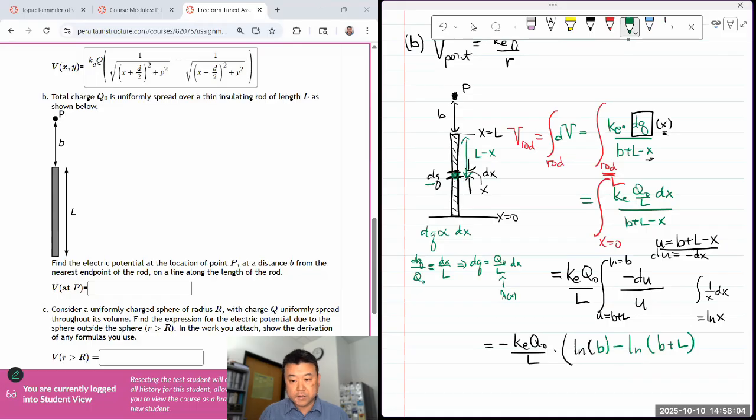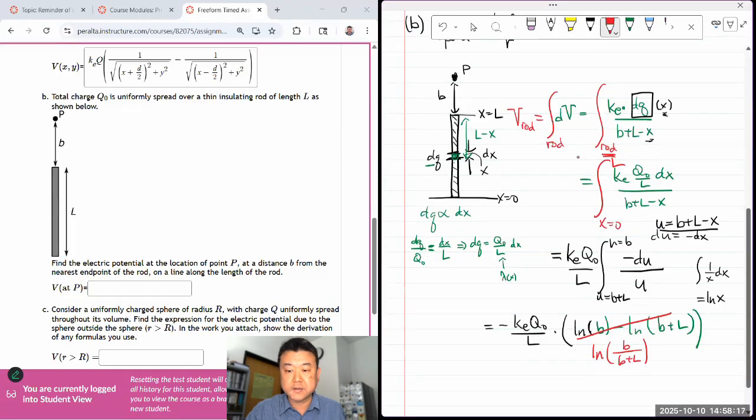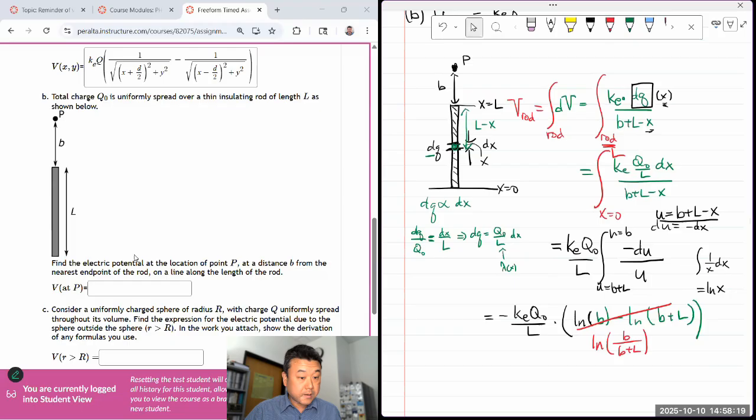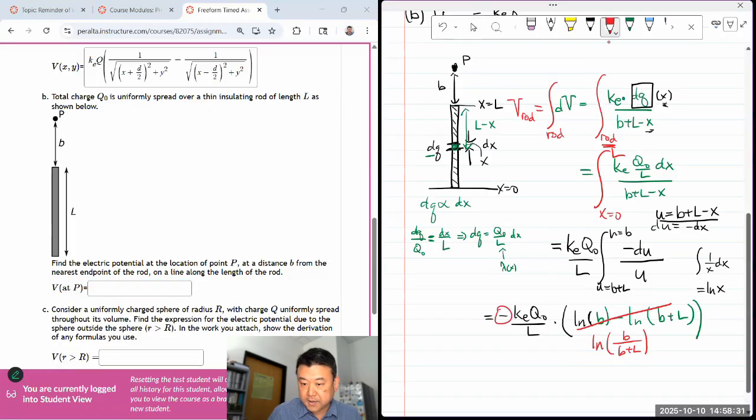And I can do a little bit of logarithm algebra. This subtraction, combining the natural logs, becomes b over b plus L. I think both versions would be graded as correct, but this is the simplest form. So V at point B, with the minus sign there, and b over b plus L being less than 1, I can absorb that minus sign using logarithm algebra.